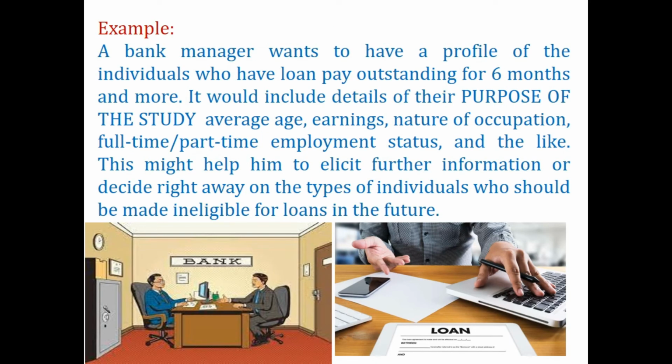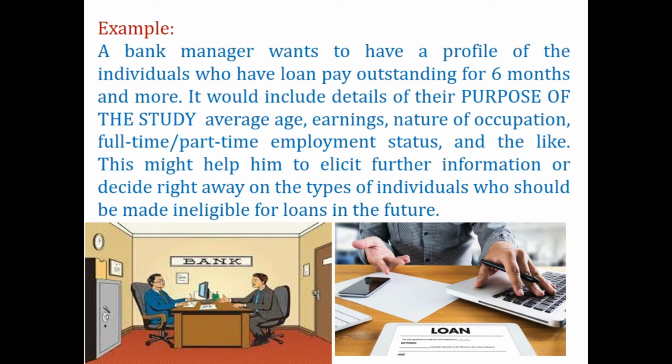A bank manager wants to have a profile of individuals who have loan payments outstanding for 6 months and more. It would include details of their purpose of study, average age, earnings, nature of occupation, full-time, part-time, employment status and like that. If the bank manager wants to investigate, he takes the help of a descriptive study.